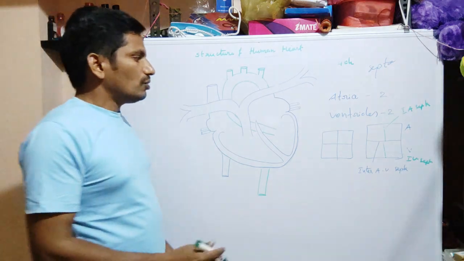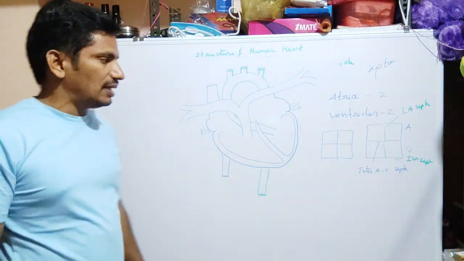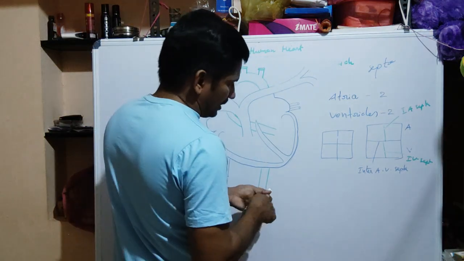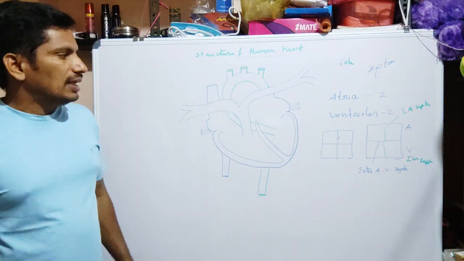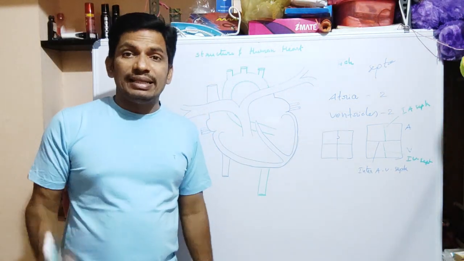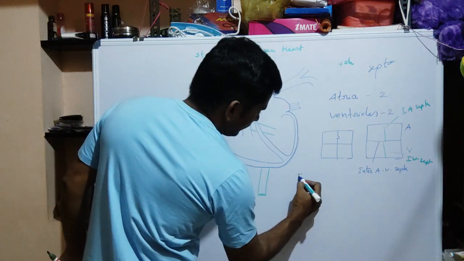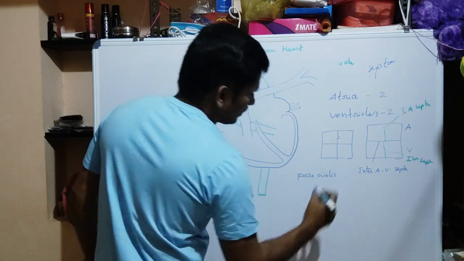Got it? So the interatrial septum has some depression here. The depression of the interatrial septum is called the fossa ovalis.